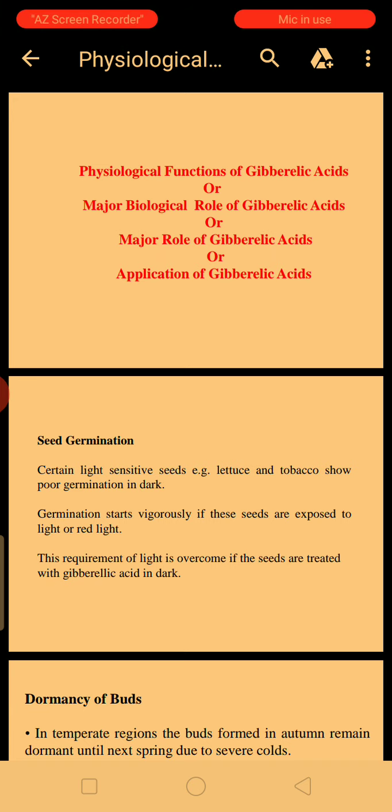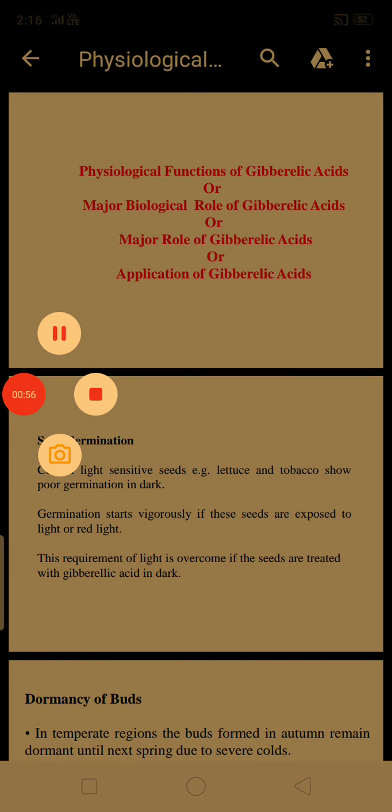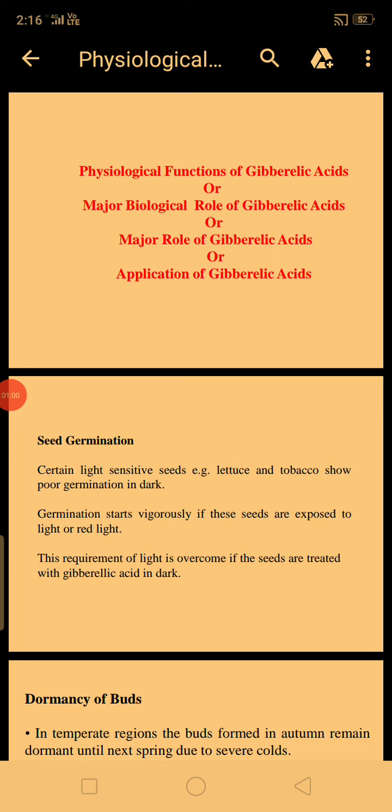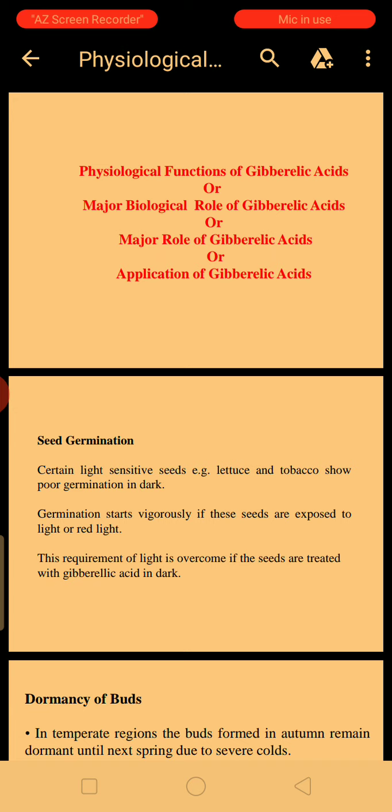What is the role of gibberellic acid regarding dwarfism? What is its role regarding the breaking of dormancy of seeds or buds, and what is its role in root growth? Or you can say the pronounced role related to the elongation of the internode.